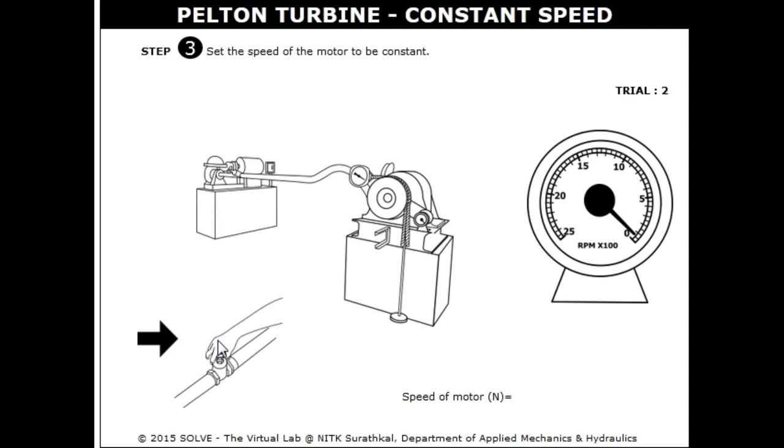After loading, we will again operate the valve. So for the second trial, again we have to bring the speed back to 600 rpm, but the head of the turbine has changed. At constant speed the head is changed because we are operating the valve here.